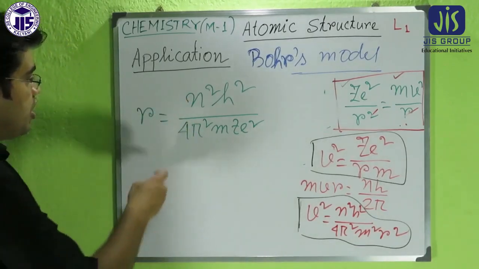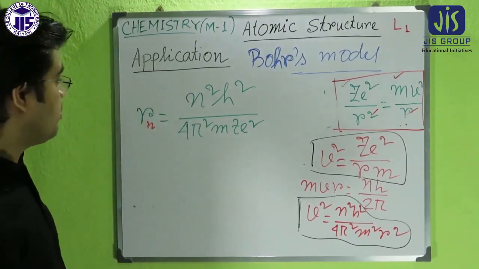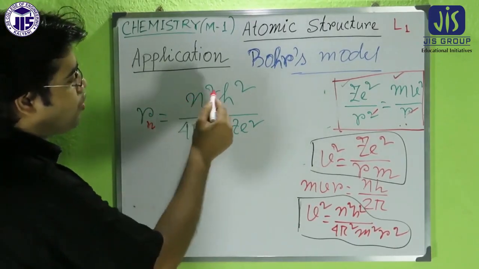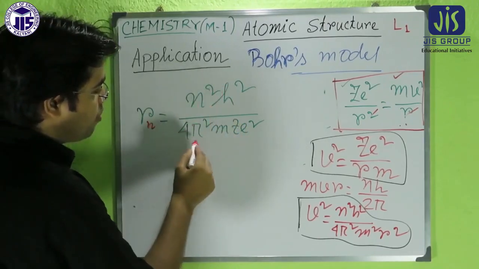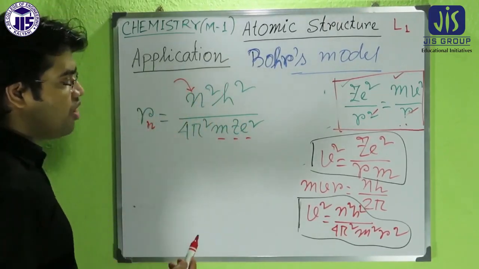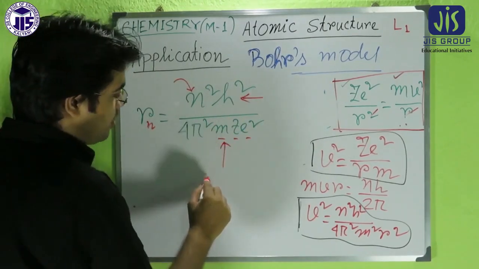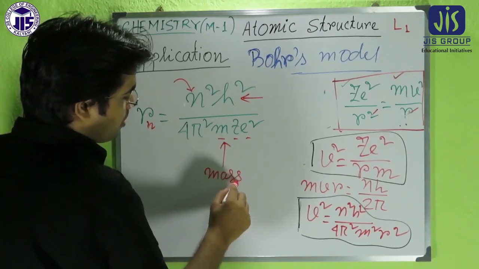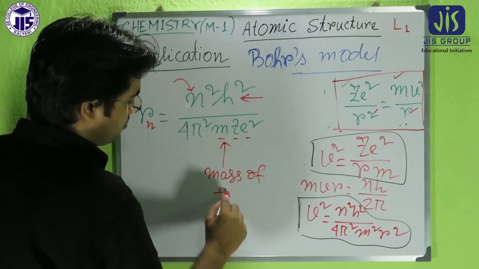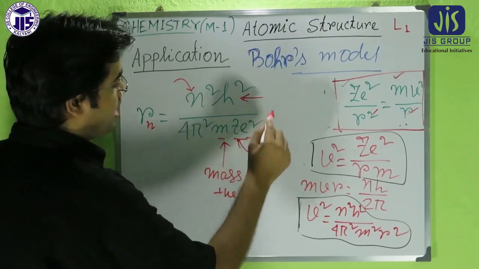Here r equals rn, the radius of the nth orbit, which equals n square h square divided by 4 pi square m z square, where n is the principal quantum number, h is the Planck constant, m is the mass of the electron, and z is the atomic number and charge of the electron.